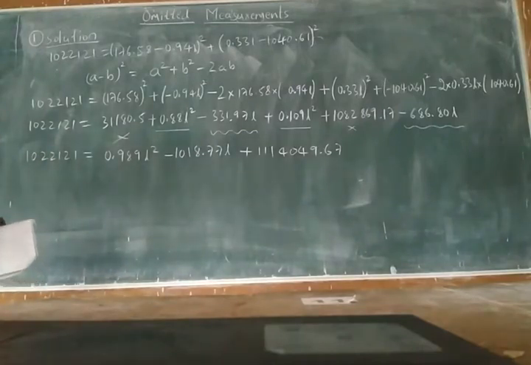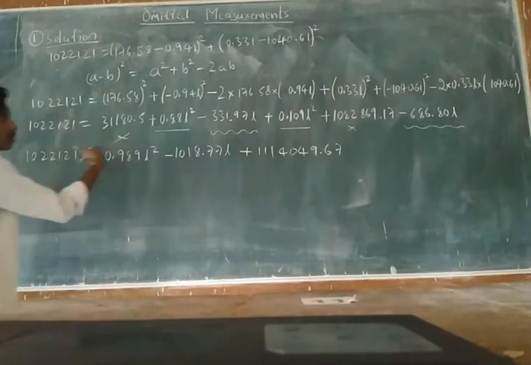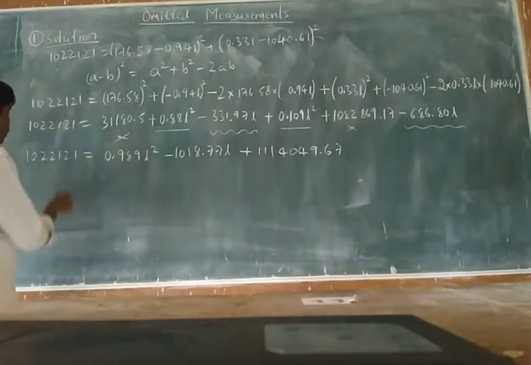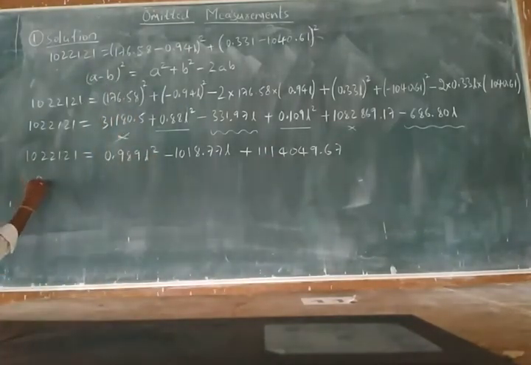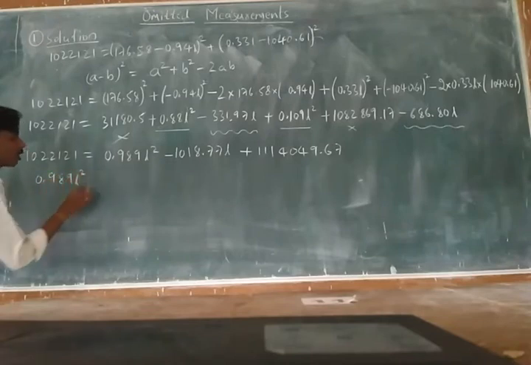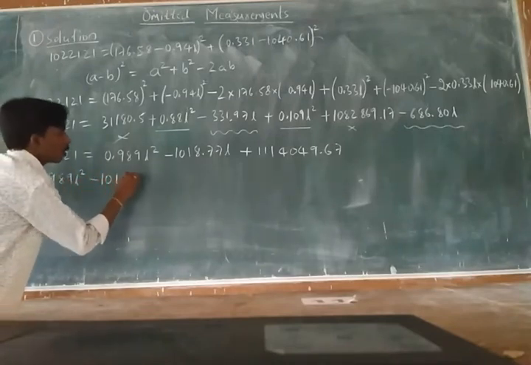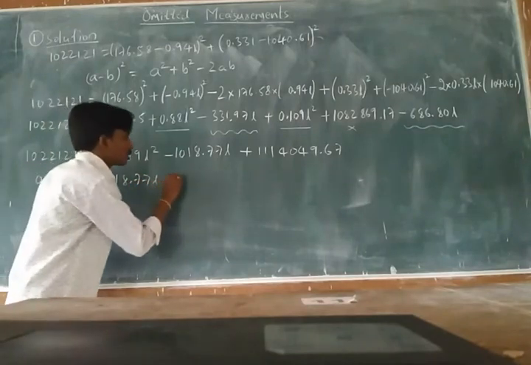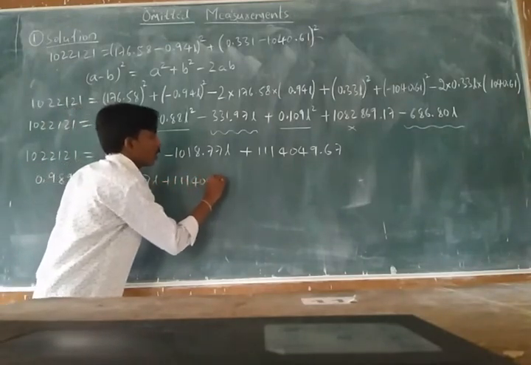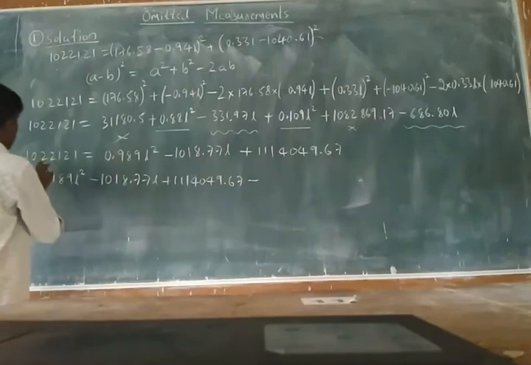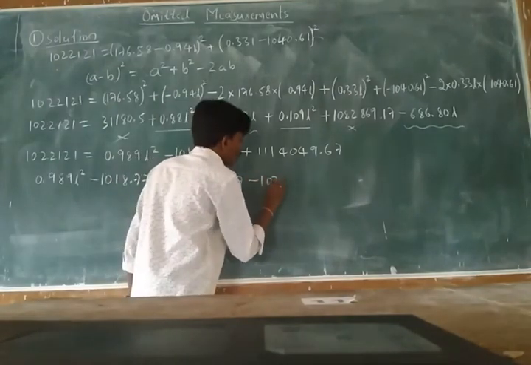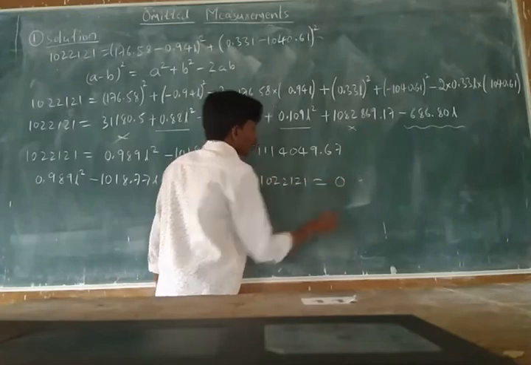Now we can rearrange this, so we can transfer this to the other side, and subtract this value from this value. So just write 0.989 L square minus 1018.77 L plus 114049.67. Send this to the other side, that will become minus 1022.121 is equal to 0.